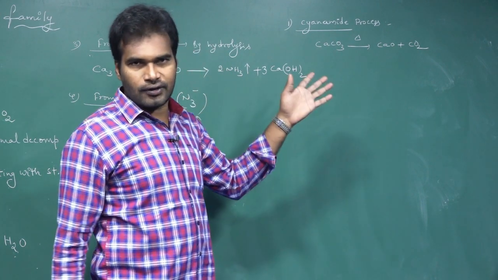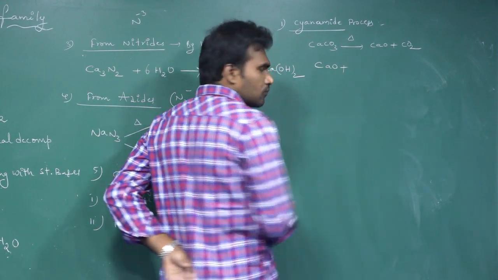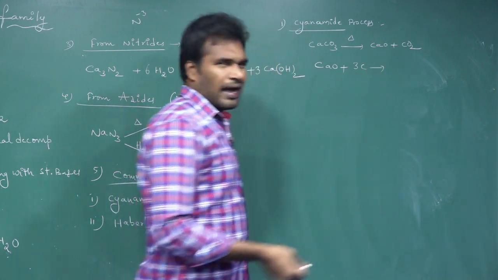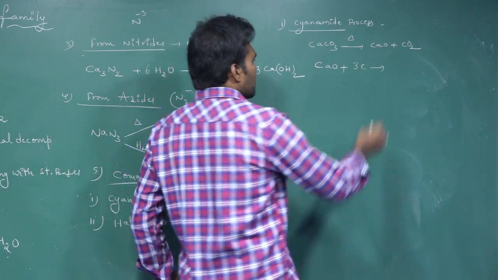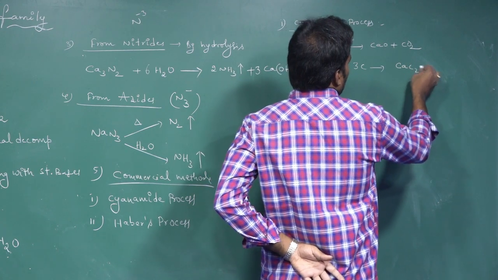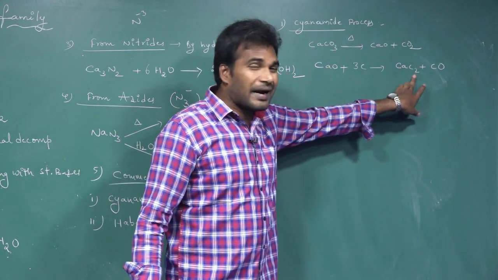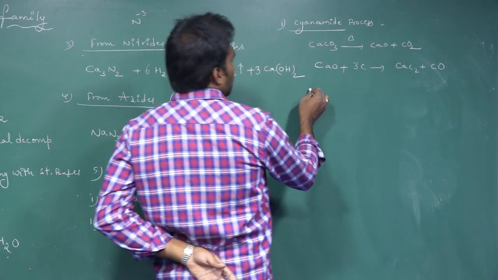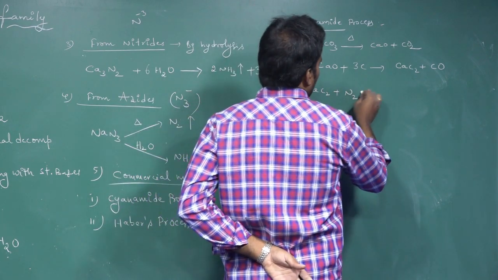CaO, lime, we got. Now, to this lime, if you add charcoal or coke, that is carbon, we get CaC2 and carbon monoxide. So what we call is calcium carbide.